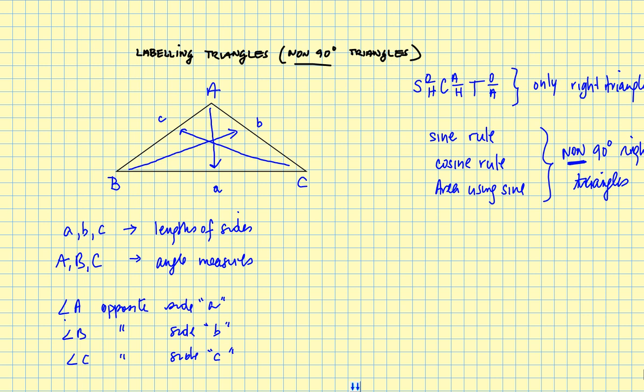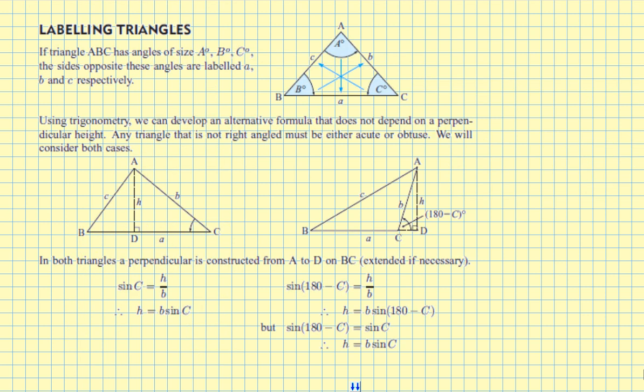All right, so having said that, we're going to start by deriving the alternative formula for finding the area of a triangle when we don't have the perpendicular height. So if we don't have the height, how do we figure out what the area of a triangle is going to be?